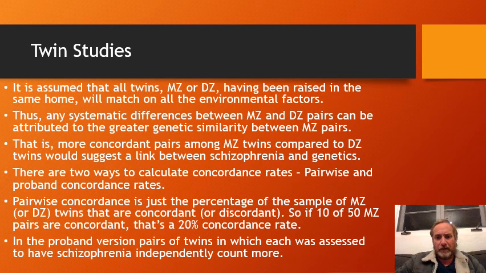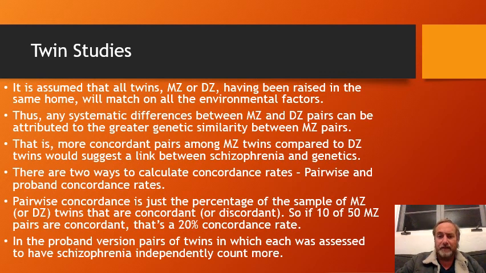So there are two different ways to calculate concordance rates. It's not super important for us. Pairwise is the easiest to make sense of. That's just the percentage of the sample of either the MZ or the DZ twins that are concordant or discordant. So, for example, if there's a sample of 50 MZ pairs and 10 of them are concordant, then that's a 20% concordance rate.